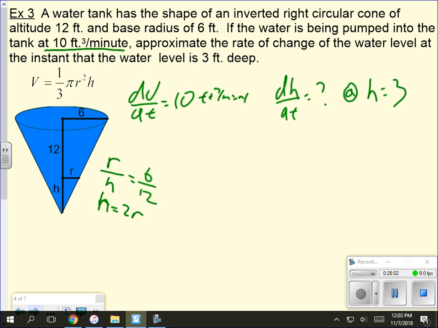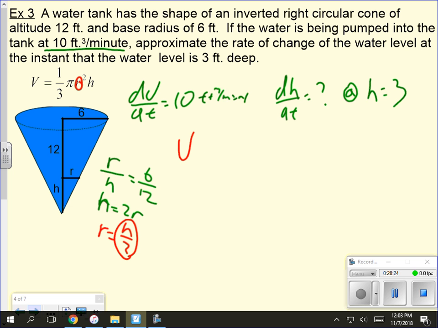Which means that I can take this, or actually I want to do it the other way around. I want to eliminate, I want R in terms of H. So that means R is H over 2. Radius is half the height. So I can take this and replace it with this.